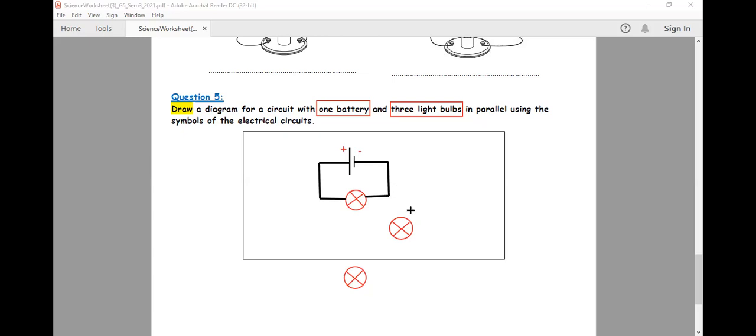Again, electrons leave the negative side, go through the other light bulb, then back to the battery, positive side. Then electrons move from the negative side through the third light bulb and back to the positive side of the battery.